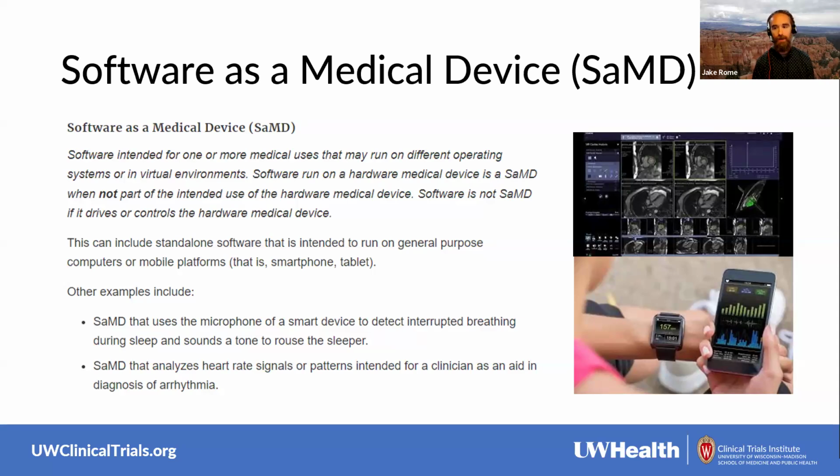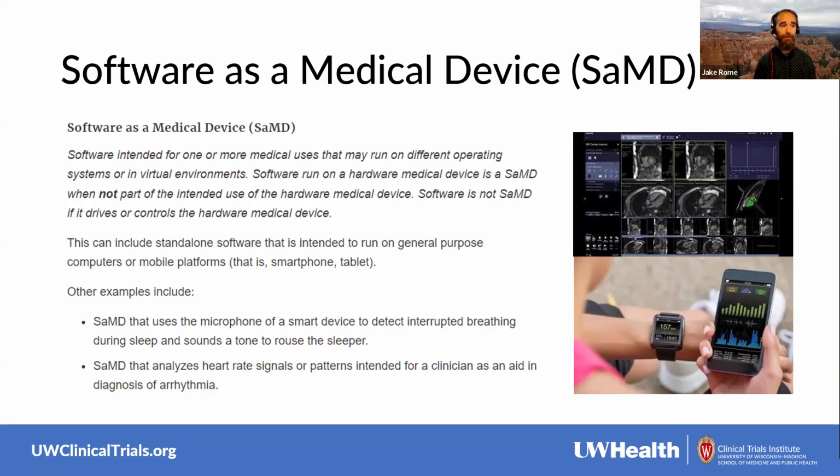Although that can be tricky as well, because if you have a glucose monitor with a phone app, well, if that glucose monitor was overseen by a large device company, then they may consider it a package of one device, and that would be software in a medical device. If you are working at the UW and you've created a software product to work with a glucose monitor, then what you've developed is probably software as a medical device, because it's an independent component of that other device that you're being implemented.